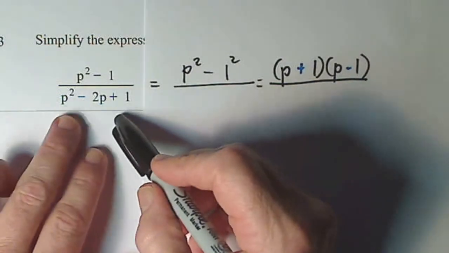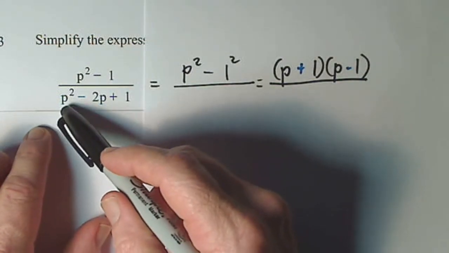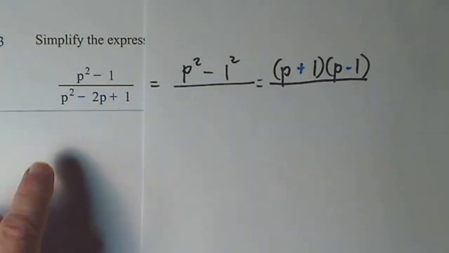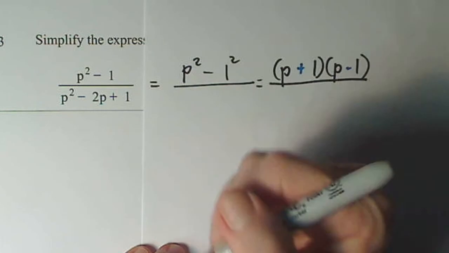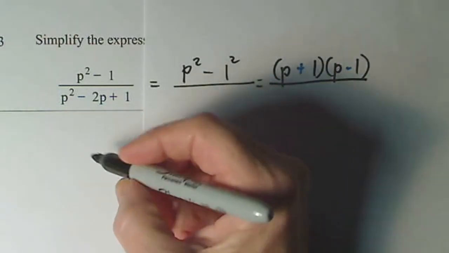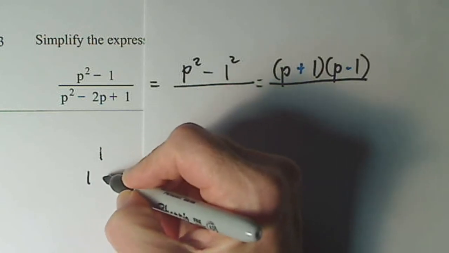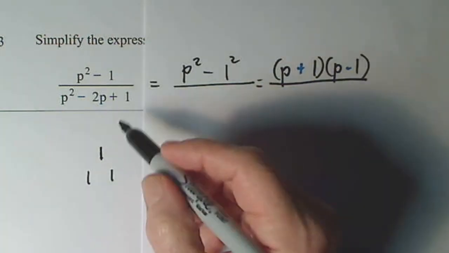Now for the bottom trinomial, if you have nothing in front of your first term, well, there's a 1, but a lot of times we just say nothing. You simply grab the last term and list all the factors. This is going to be a short list. I'll grab the 1 and I'll list all the factors. 1 times 1. Okay.